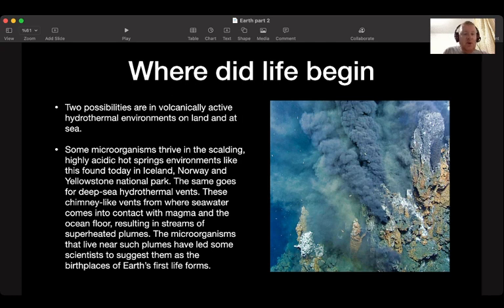So, two possibilities are in volcanically active hydrothermal environments on land and at sea. Some microorganisms thrive in scalding, highly acidic hot springs environments like this found today in Iceland, Norway, and Yellowstone National Park. The same goes for deep sea hydrothermal vents.